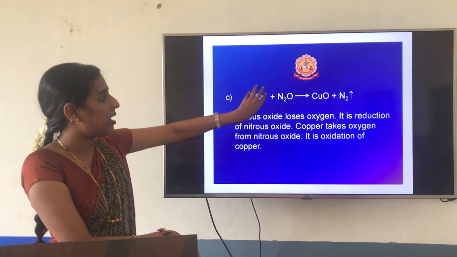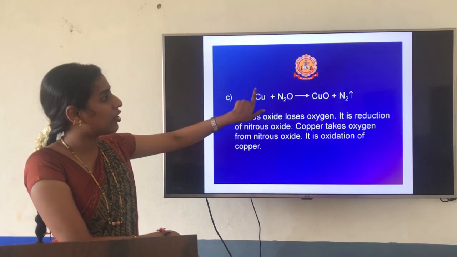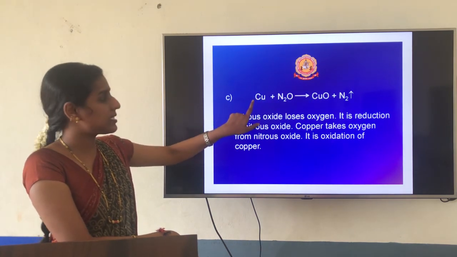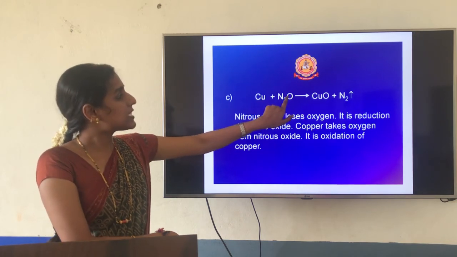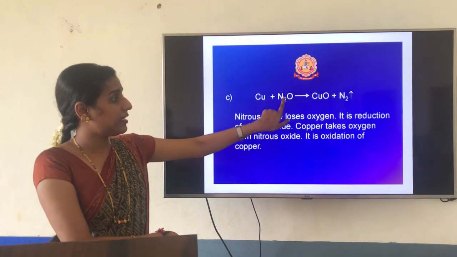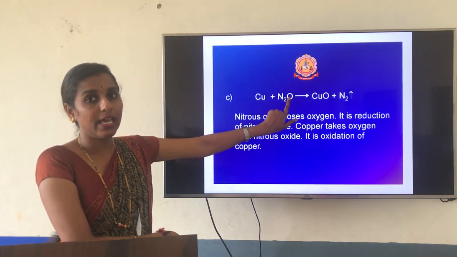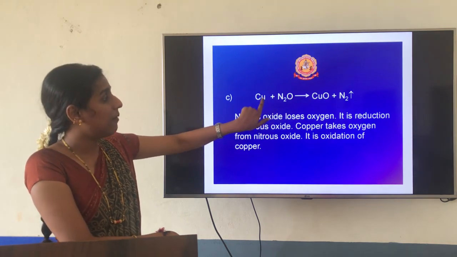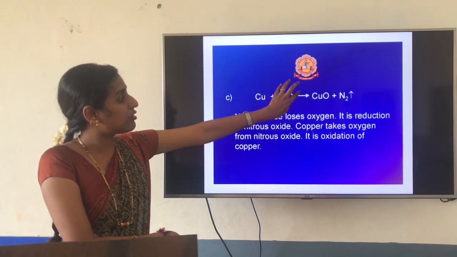So this substance, this reactant, has undergone oxidation. In the sense this has undergone oxidation, this will be the best reducing agent. And this has undergone reduction, so we can call it the best oxidizing agent. On what basis can we say this is the best reducing agent? Because this helps the nitrous oxide to reduce.